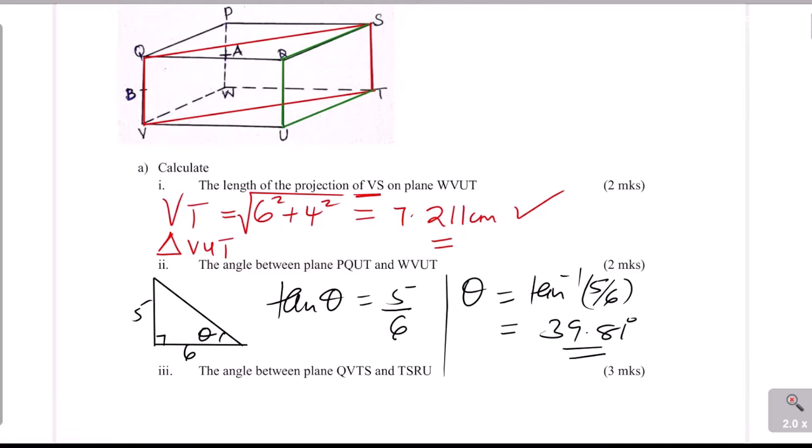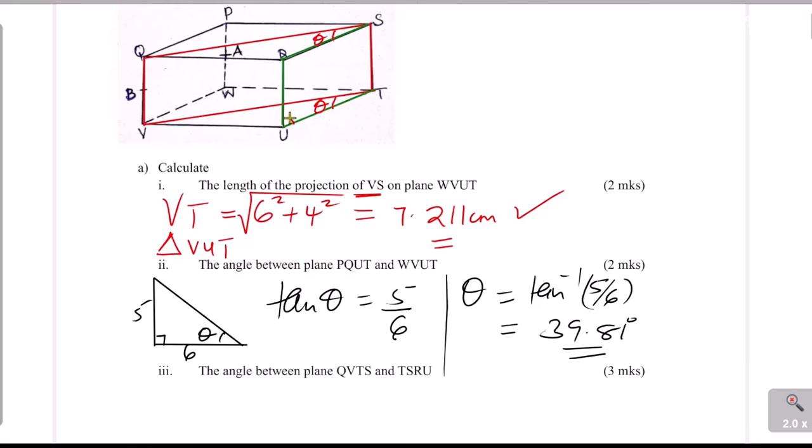The angle between the two is actually this angle that is here. That is the angle between those two planes, QVTS and TSRU. So how do you get that angle?